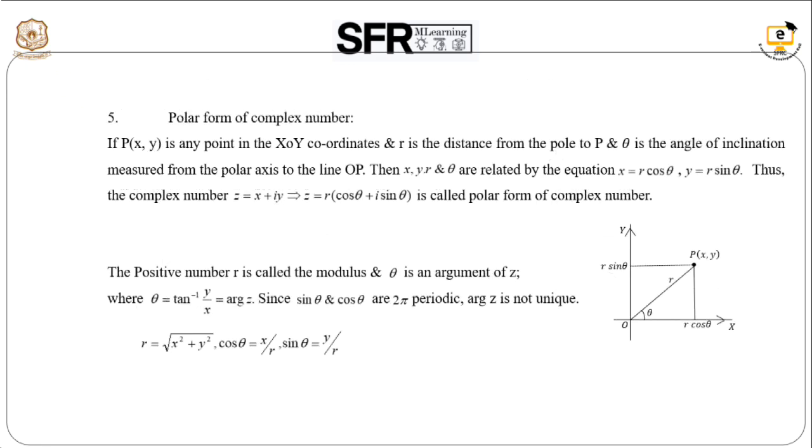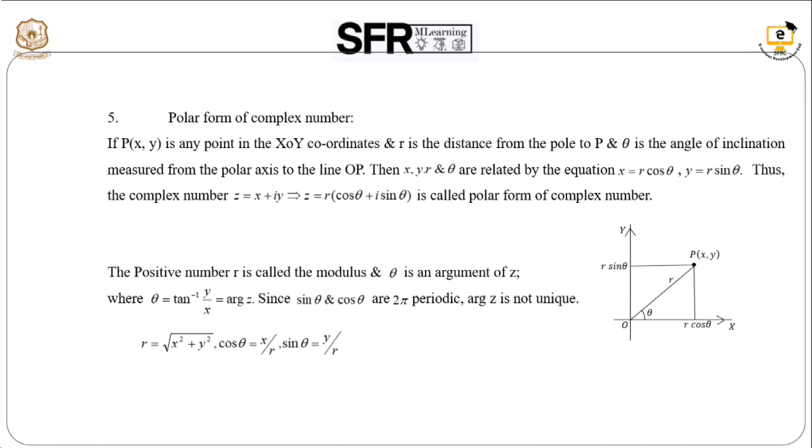When we go for the polar form of complex numbers, take any point P in the xy plane. You represent the modulus as r, the vector OP, and you can resolve the vector OP along the x-axis and along the y-axis, and get the angle of inclination theta along the initial line, the polar line OX.